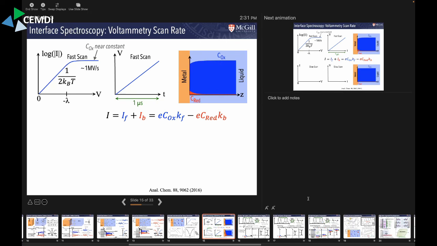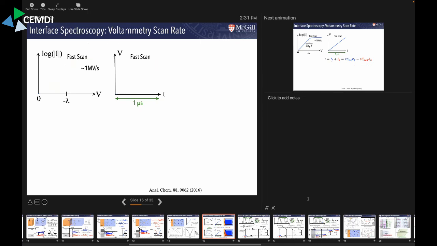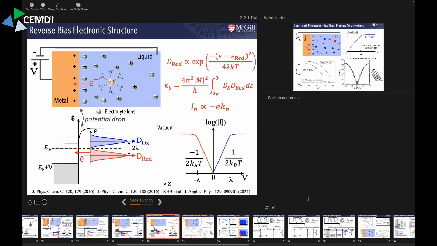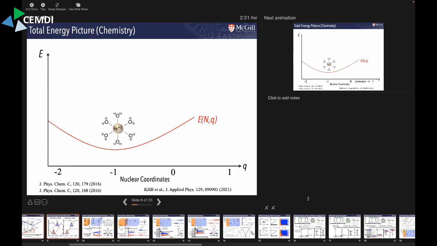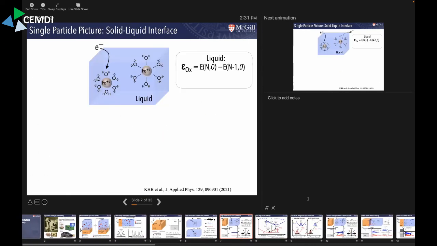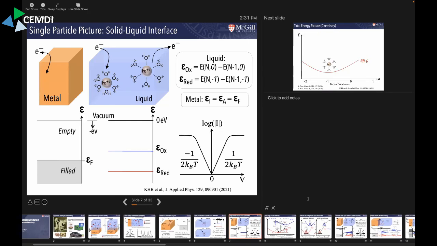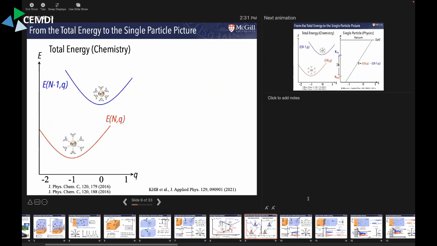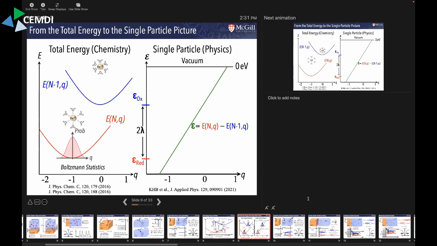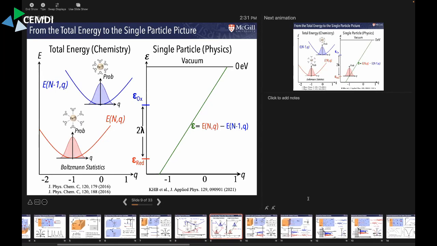So the randomness in this particular model is taken through the statistics of the Boltzmann distribution applied. That is, the randomness of the nuclear coordinates is taken through this Boltzmann distribution.